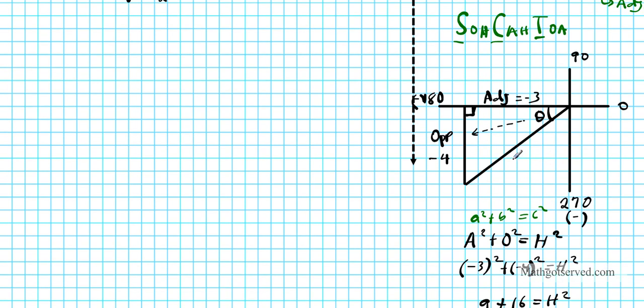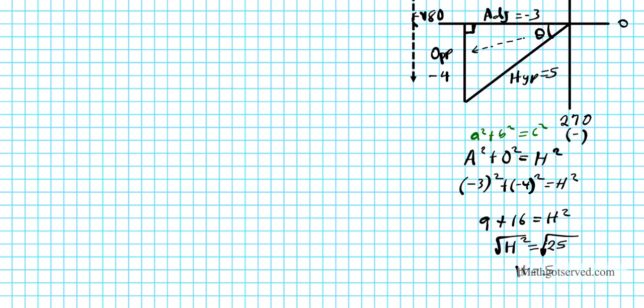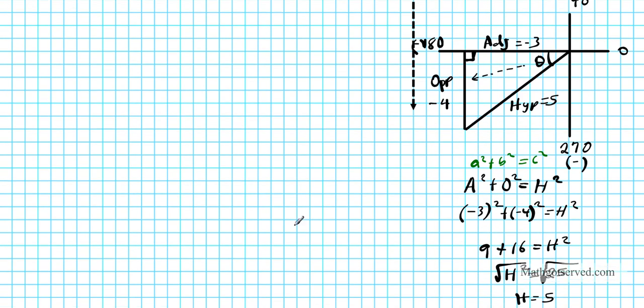All right, so we have enough information to find sine and cosine. With this information, we have to extend our partition a little bit so that it fits. It's going to encroach on my other space, but that's fine. So sine theta is opposite over hypotenuse, so it is negative 4 over 5.